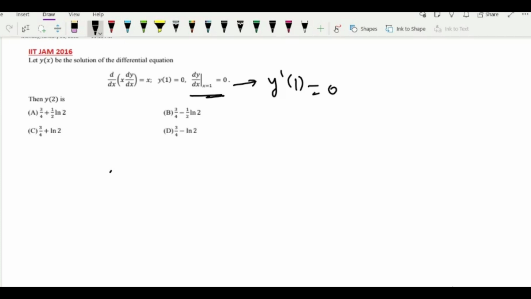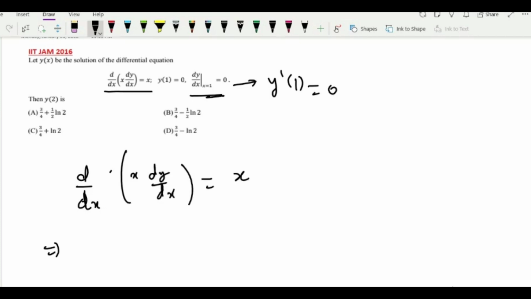So the main problem with this question is we are not getting which type of equation this is. Is this a constant coefficient equation, or a Cauchy-Euler equation, or any other one? So let's just write the equation and solve as much as we can.